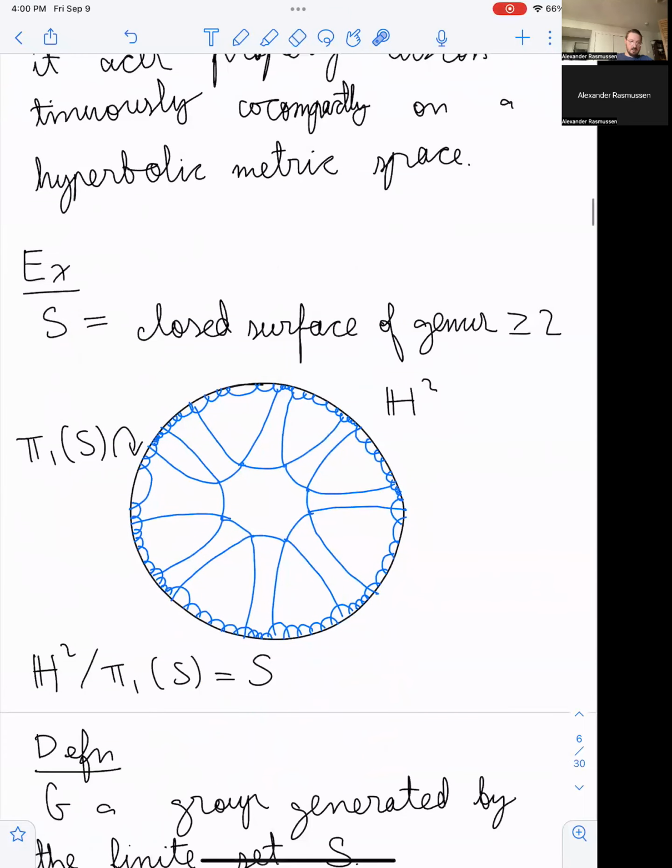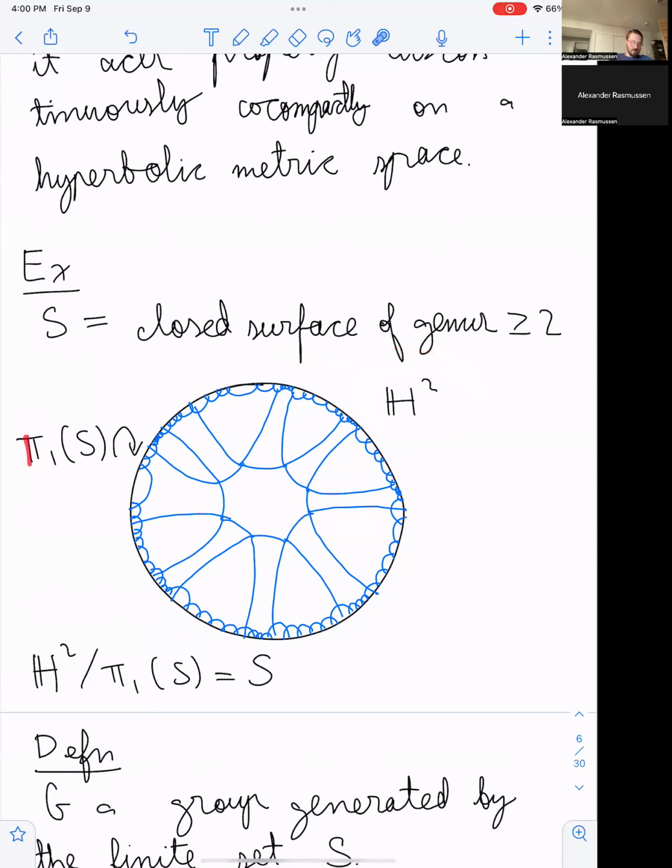So we can look at a closed surface S of genus at least 2, and its fundamental group. So why is this a hyperbolic group? Well, by the Riemann uniformization theorem, S admits a hyperbolic metric, and its universal cover is the hyperbolic plane.